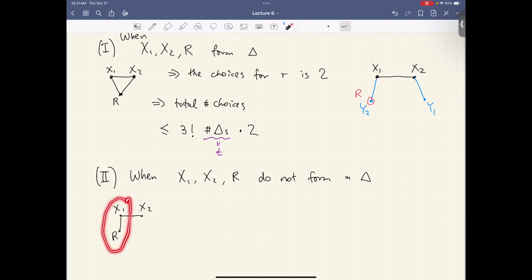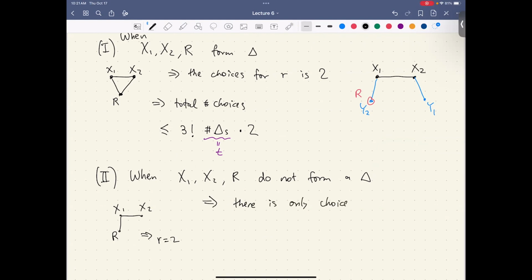In this case, we know that little r must be 2. The choice of little r is unique. Then there is only one choice for little r. In other words, r is determined, as in Mantel's theorem, by this instance of x1, x2, and r.